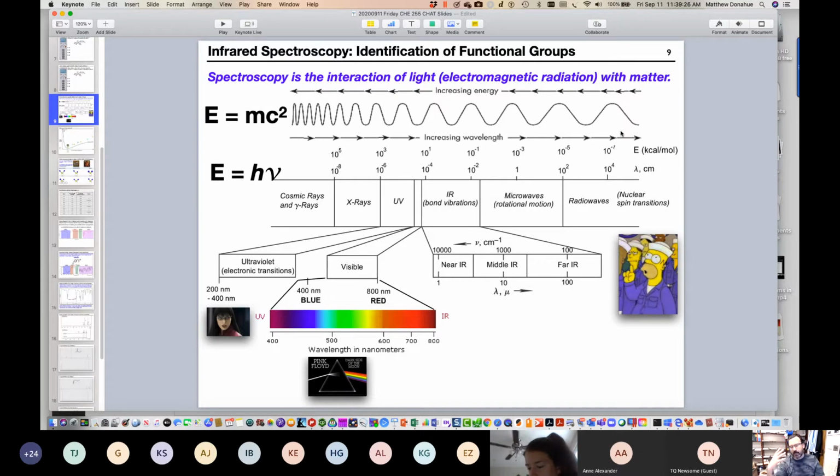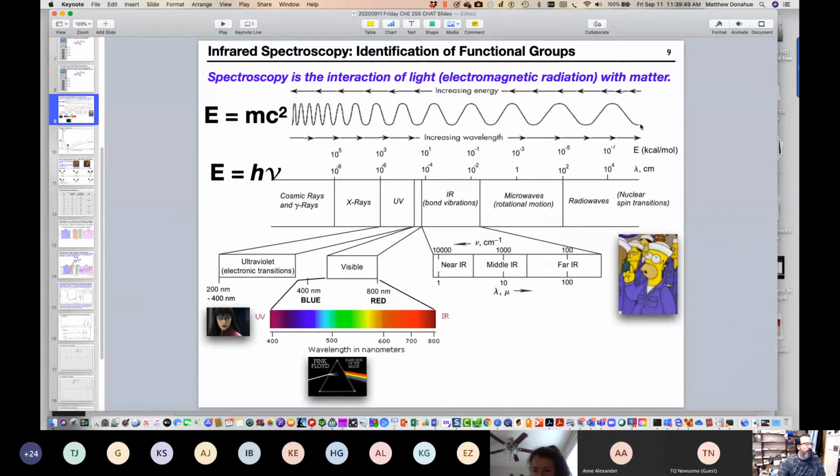So if you think about radio waves, you're driving in your car, listening to the radio. Those are really long wavelengths. They're really low energy, so they really don't have any detrimental effect, I would say, on the human body.